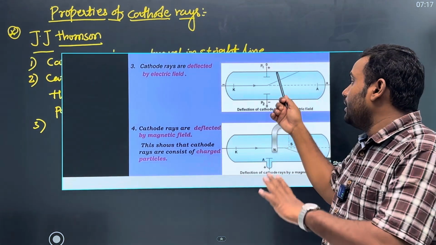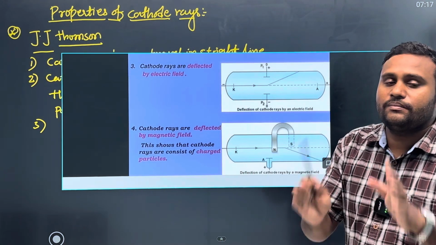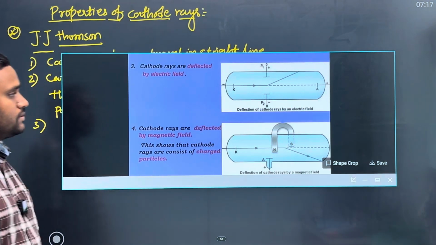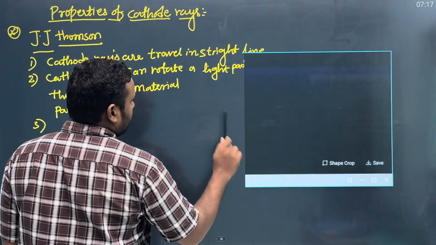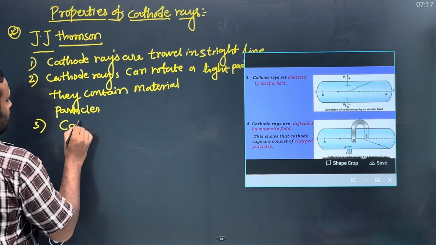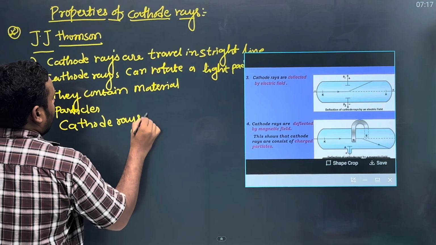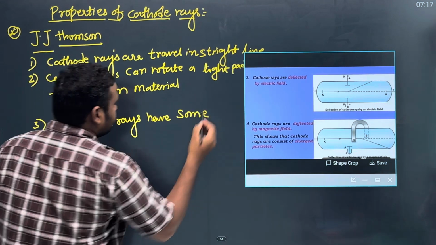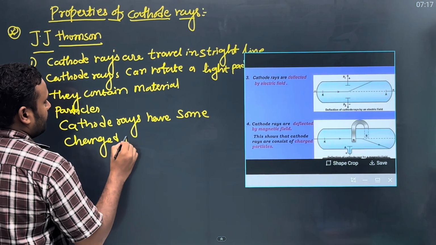First of all, they are interacting with the electric field and also the magnetic field, which means they are charged particles. Cathode rays have some charged particles. How can we say they have charged particles?